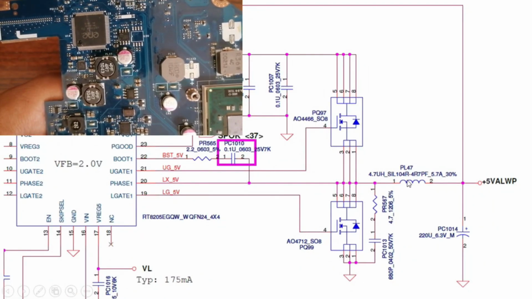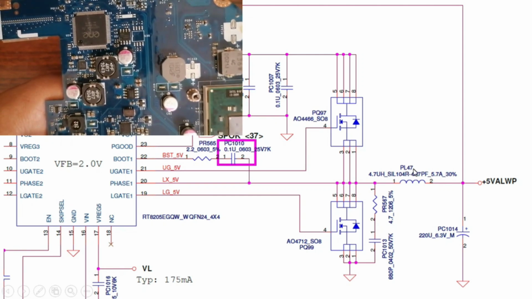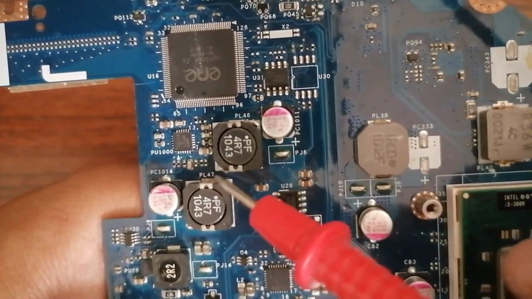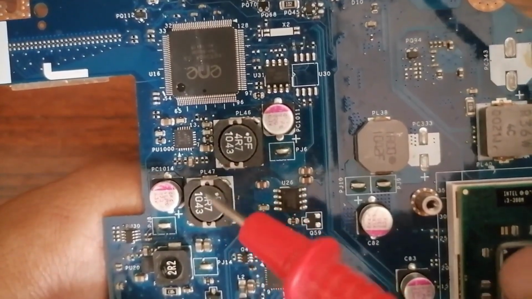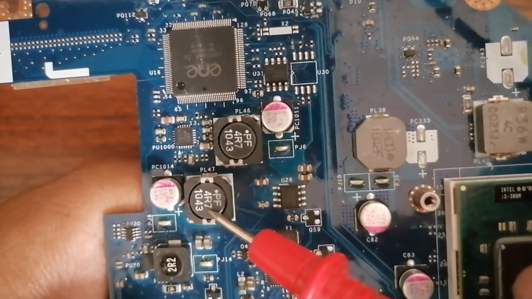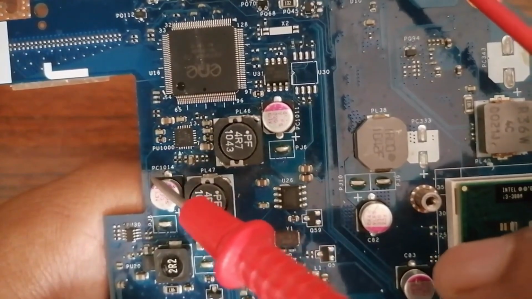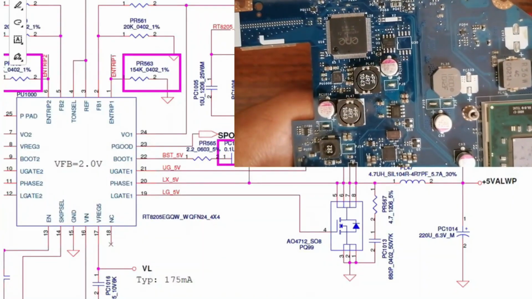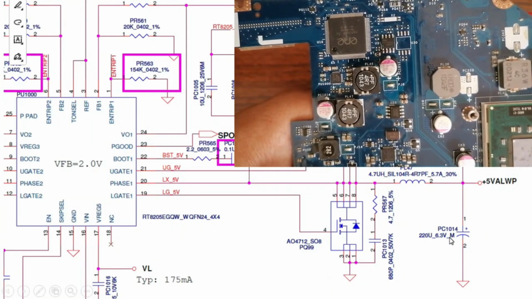Then we have the inductor PL47. So let's see the inductor. We have PL47. This is the inductor for 5 volt. Then we have, as you can see, PC1014, exactly as we have here in the schematic.